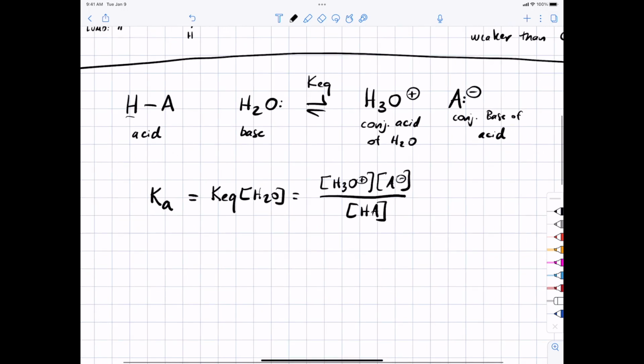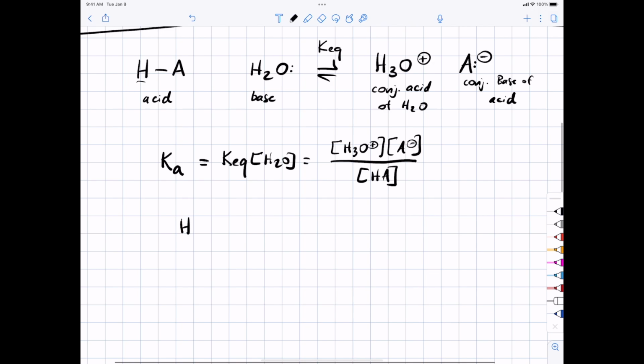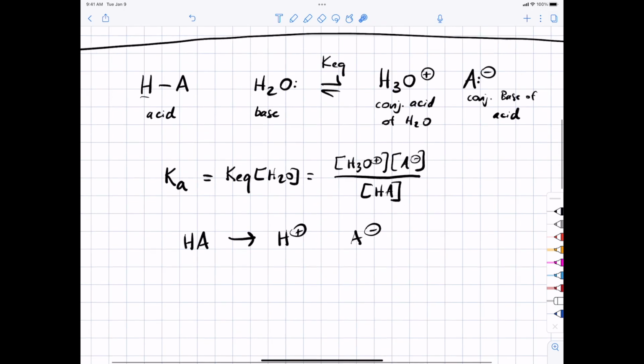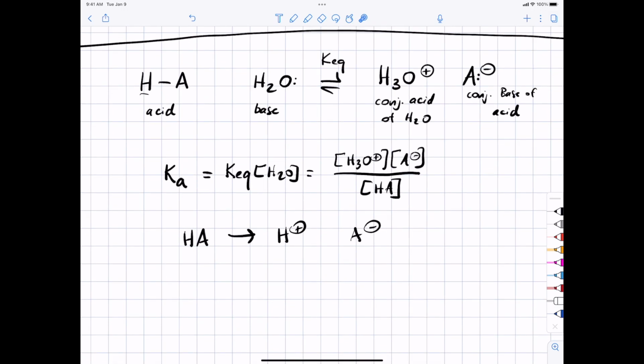Some of you learned perhaps that acids dissociate and go from HA to H plus and A minus. That is true only in the gas phase. In water, when people say this, it's shorthand for this. So there's no such thing as H plus in water, it's just H3O plus. So I'm always going to write H3O plus, never H plus on its own, because most of the stuff we're talking about happens in solution rather than in space.